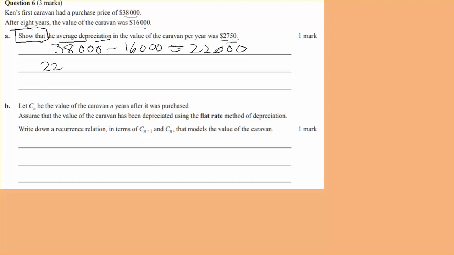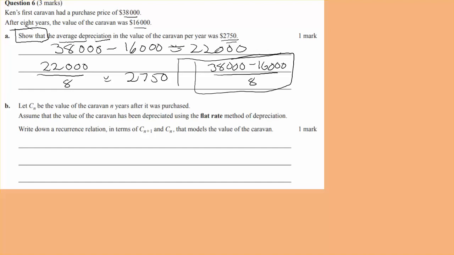So if I do 22,000 divided by 8, that will give me 2,750. You could write it like that, that would be fine, or you could have written it in one step: 38,000 minus 16,000, over 8. It's the working out they want to see.